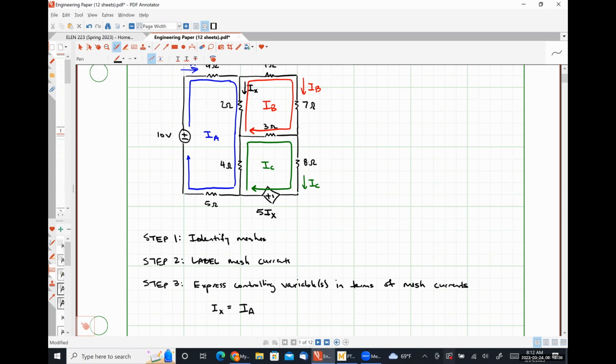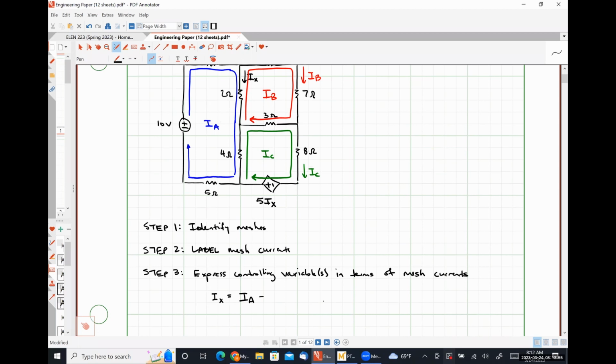When we follow mesh current B around its clockwise path, it's flowing up through the 2 ohm resistor, which is in the opposite direction as IX is defined as. So that's why it gets the negative sign. So much like what we were doing with voltage relationship equations for nodal analysis, positive polarity terminal minus negative polarity terminal, here we have same direction minus opposite direction.